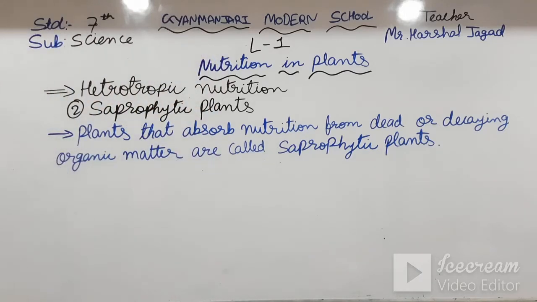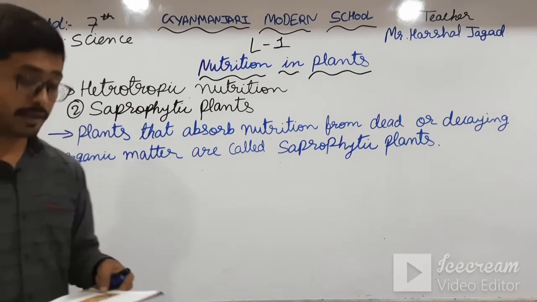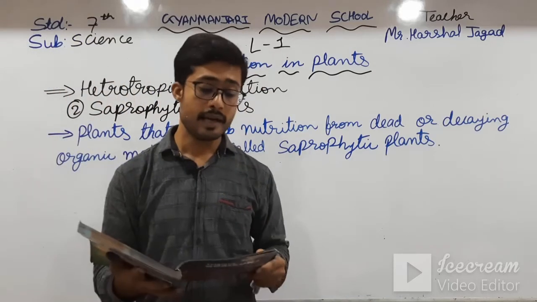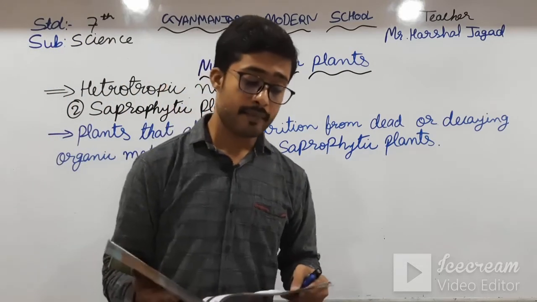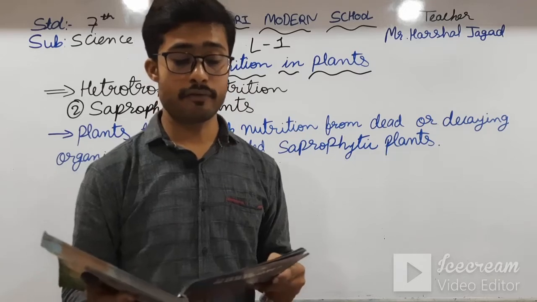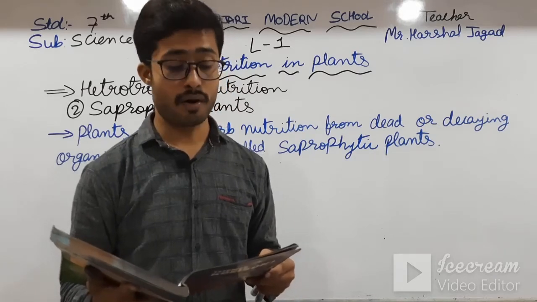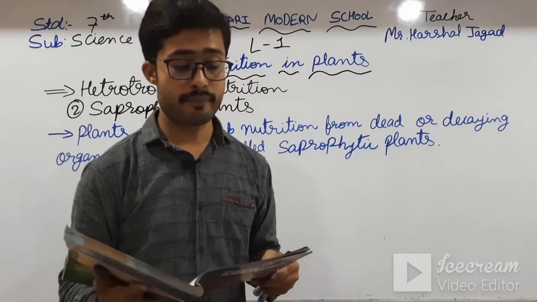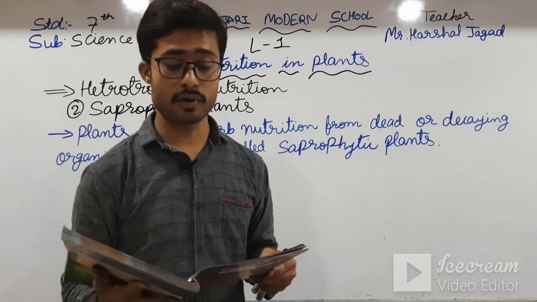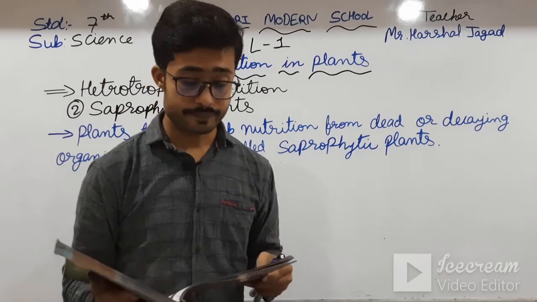Now we will go to the third one. Before that, there is an activity. See here in the page number 16, there is an activity to grow fungi. Material needed: a piece of bread, water, and a plastic box. Method: moisten the bread with water and keep it in the closed box for few days.